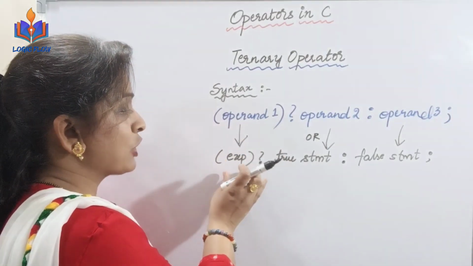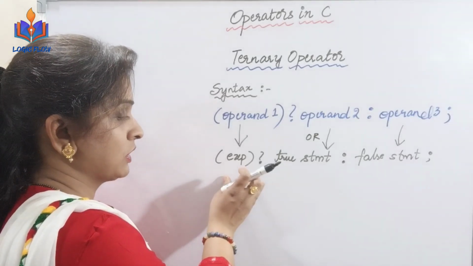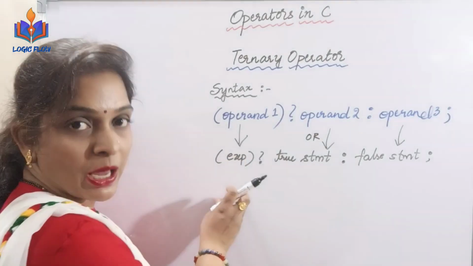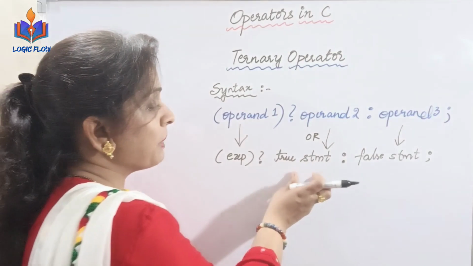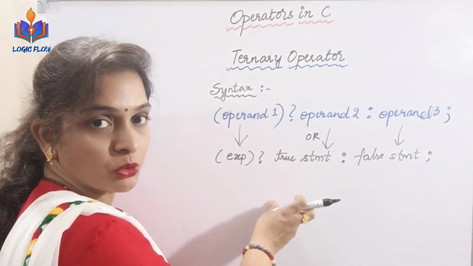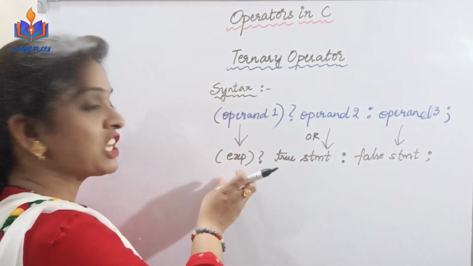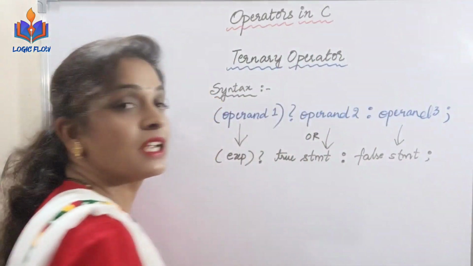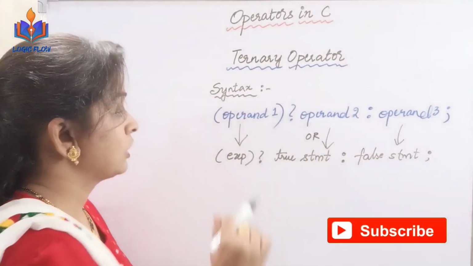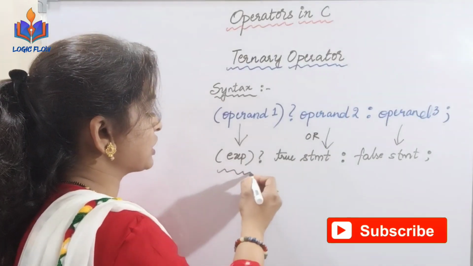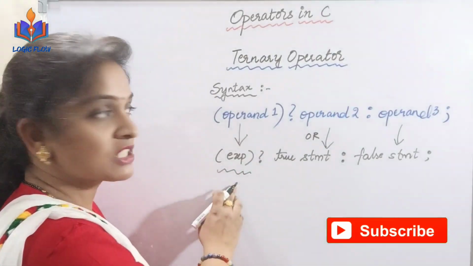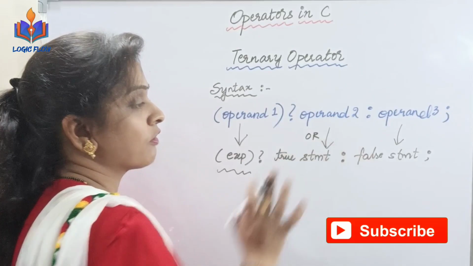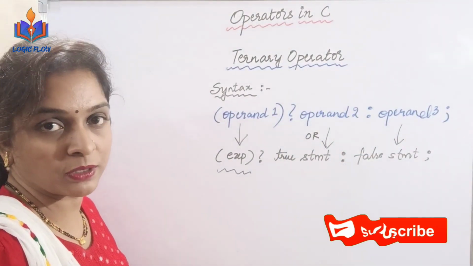Based on the evaluation of this conditional expression, if it evaluates as true, then the immediate true statement gets executed. But if the condition evaluates as false, then the false statement gets executed. It's all based on this condition.